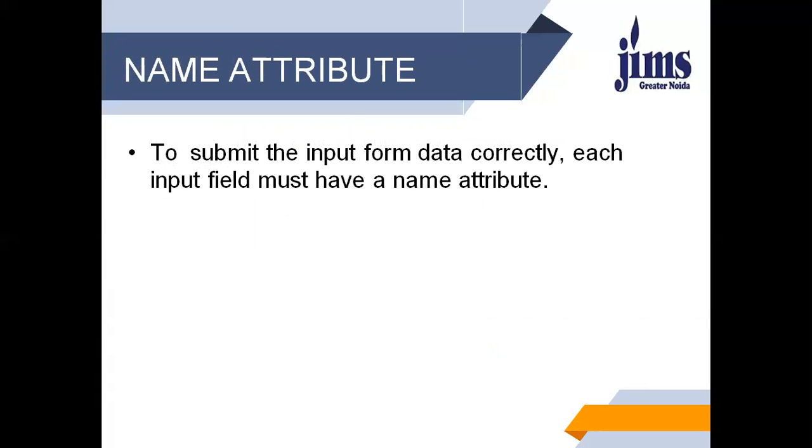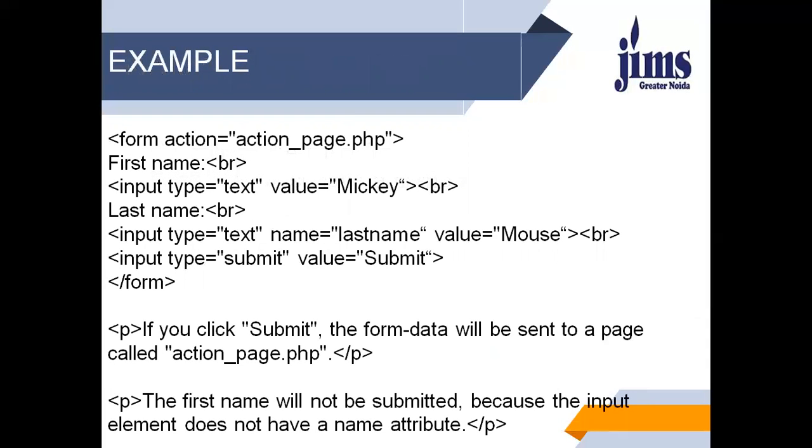To submit input form data correctly, each input field must have a name attribute. So every field should have a name, otherwise your data will not be sent. Let's see one example. Form action: you have to mention the file name where you want your data to be sent. We have first name with one text box.